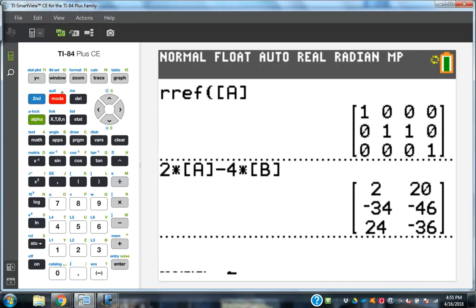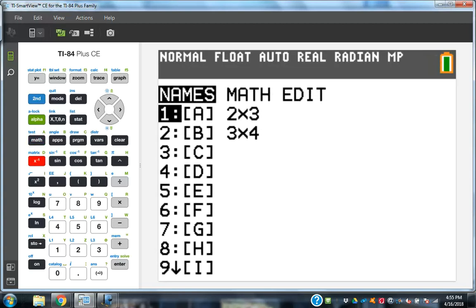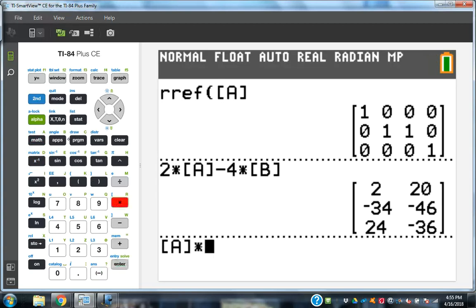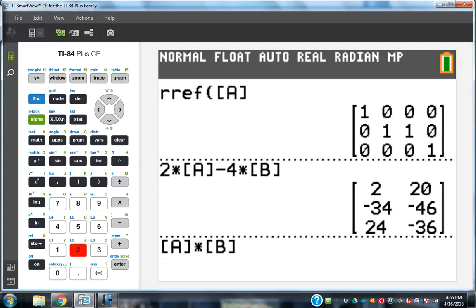So matrix A and matrix B are in there. I'm going to tell my calculator to multiply them. So matrix A, enter, times matrix B. And this is one of the cases where I would put the multiplication symbol. I think most of the time it will do it without the multiplication symbol.